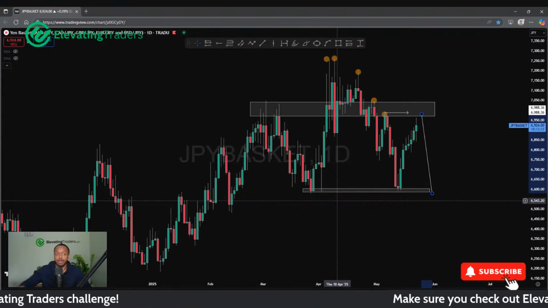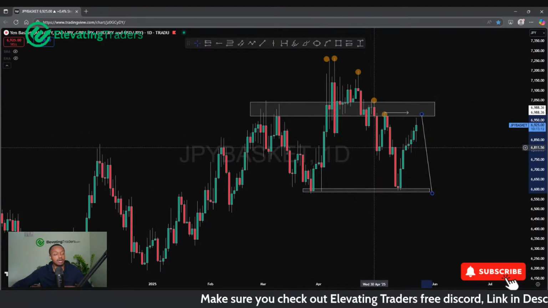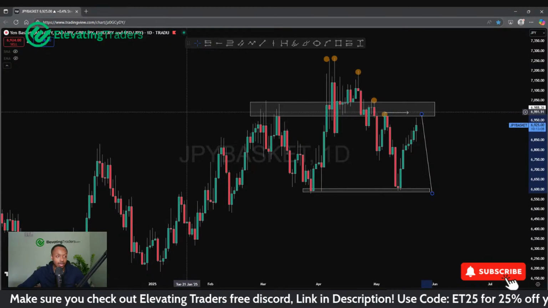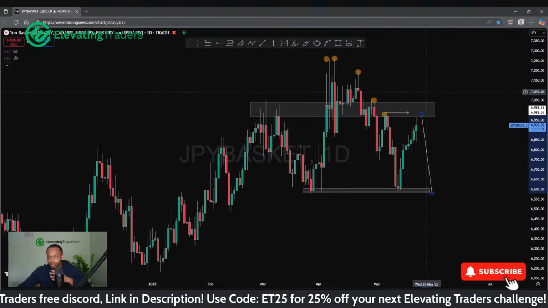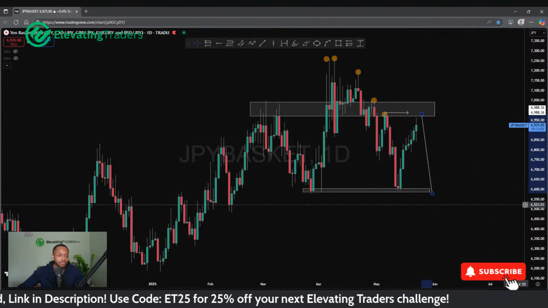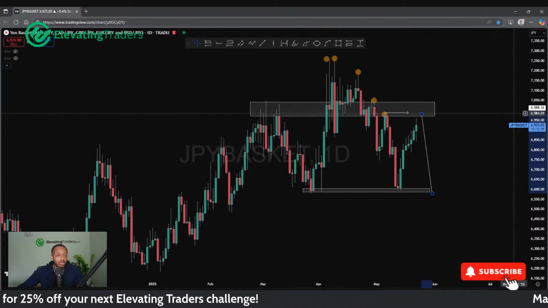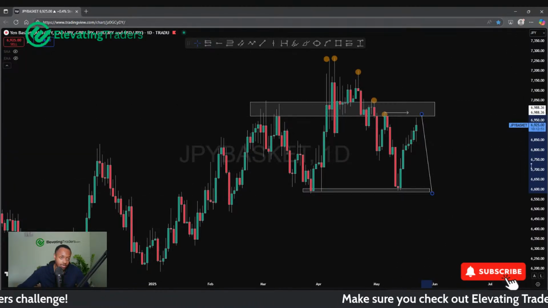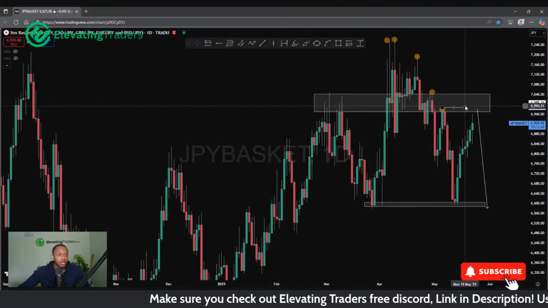For anyone who doesn't know, the yen basket is just a catalog of all the major yen currencies together, and shows you how the yen is reacting to other currencies as a whole. If it's pushing up, it means yen is quite strong, stronger than most currencies. If the yen basket's pushing down, it's weaker than most currencies, if not all, if it's very weak. So I do expect to see a push down.